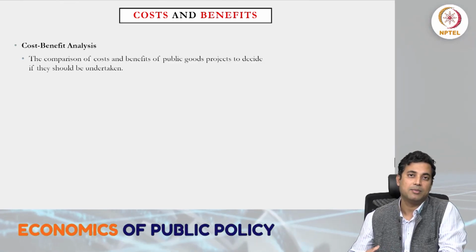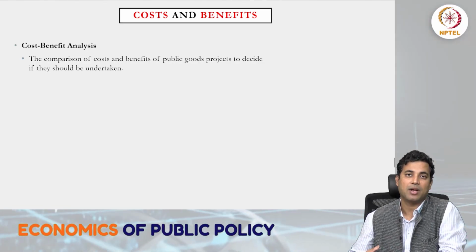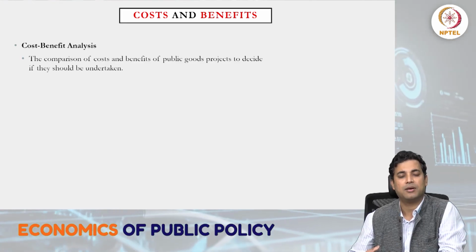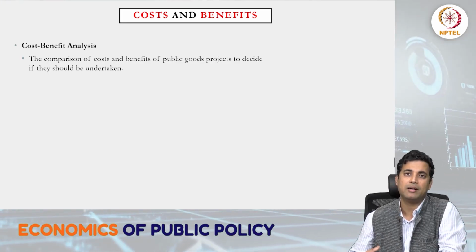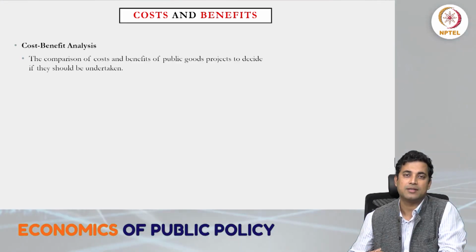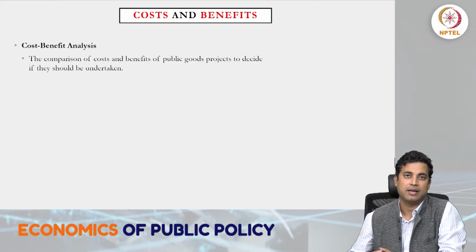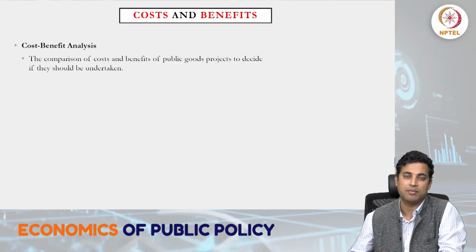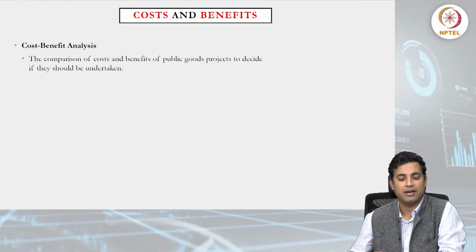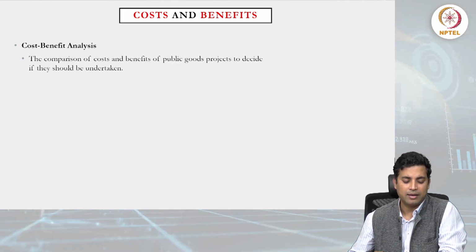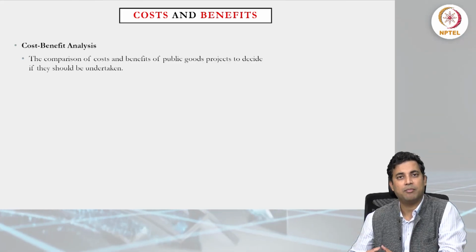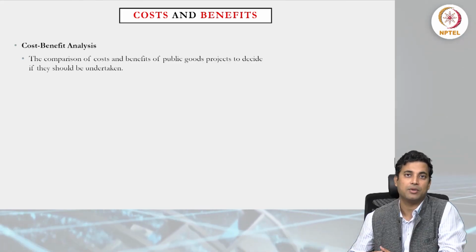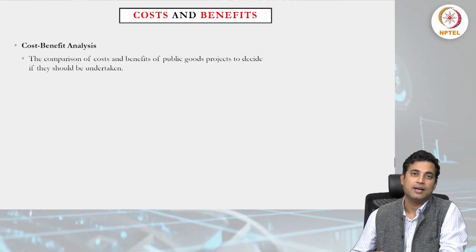Some public policies are very expensive to implement, like some social policies, such as social assistance programs and social insurance programs. We also have to understand what benefits we get from those policies.